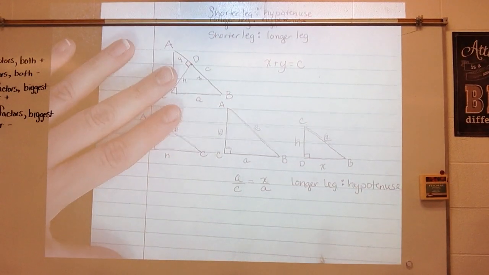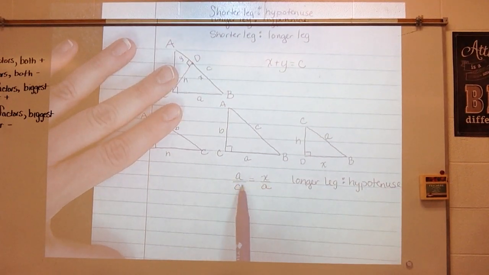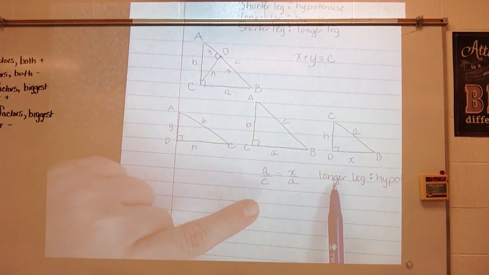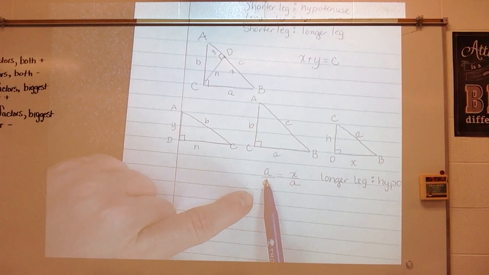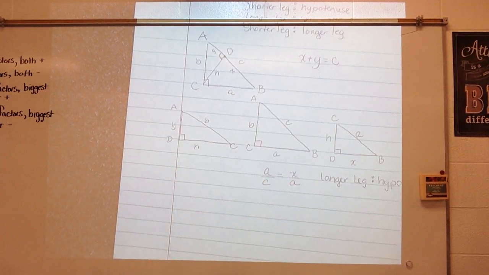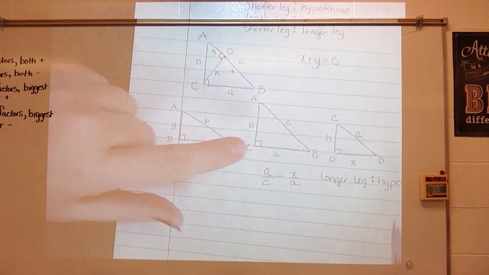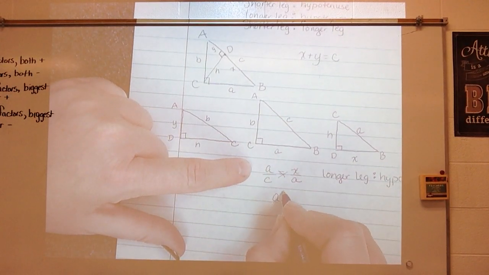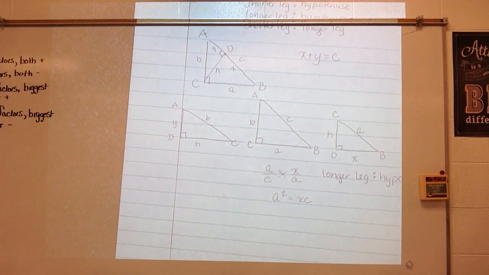And it doesn't matter which one goes on each side of the equal sign. In this case, this is my longer leg, this is my hypotenuse. Alright? So now we solve. We cross multiply and we get A squared is equal to XC, or CX.